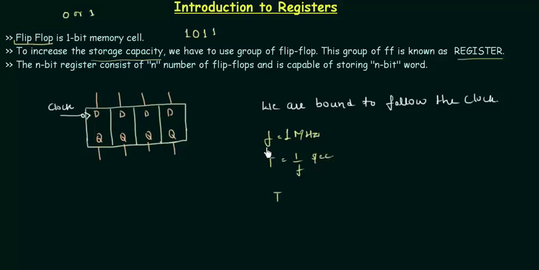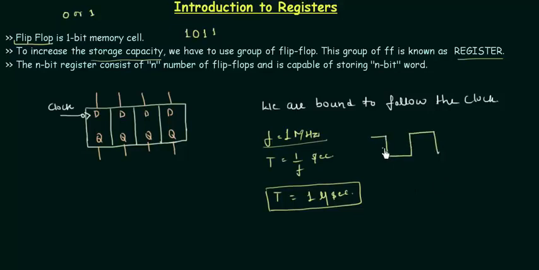So time for frequency equals to 1 megahertz is equal to 1 microsecond. So the time period is 1 microsecond, and after 1 microsecond we will have the falling edge. It is negative edge triggered, so we will have the falling edge like this. These are the 2 falling edges, and the time is 1 microsecond. So after every 1 microsecond, whatever you store in these flip-flops will get changed.